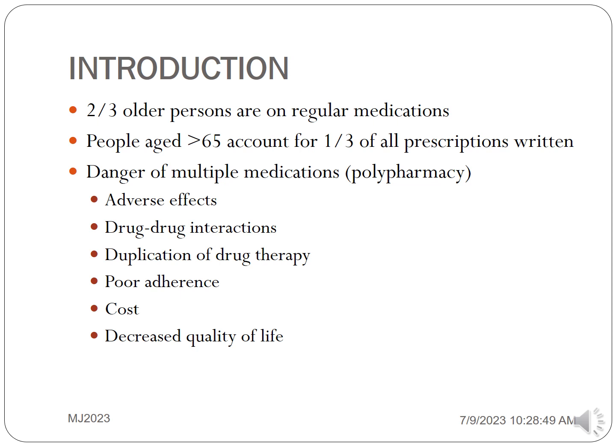Older persons may have poor adherence because of physiological changes in the physical and mental functions of the older persons. The cost may limit the adherence or the ability to buy medications, and when they present with adverse drug reactions due to polypharmacy, they may have decreased quality of life.